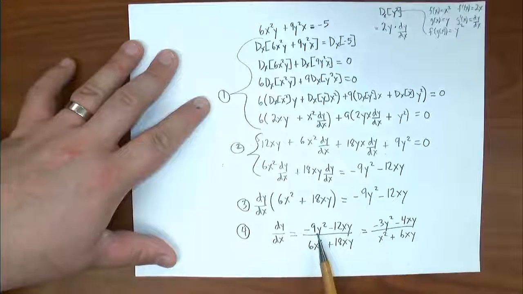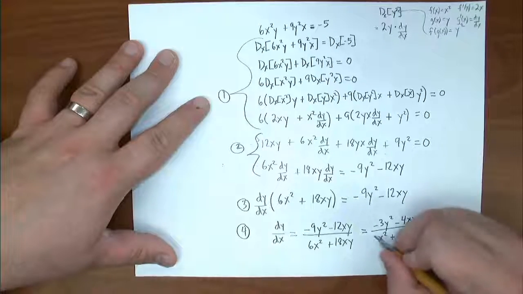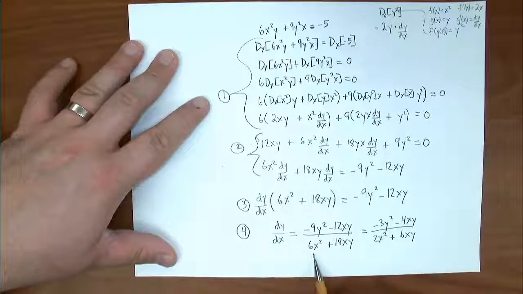I just divided everything by 3. It's like reducing 2/10 to 1/5. We just divided everything by 3 on the top and bottom, so we divided that by 3, that by 3, that by 3, and got 2x squared, and that by 3.